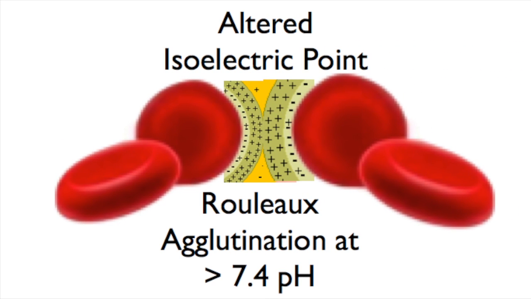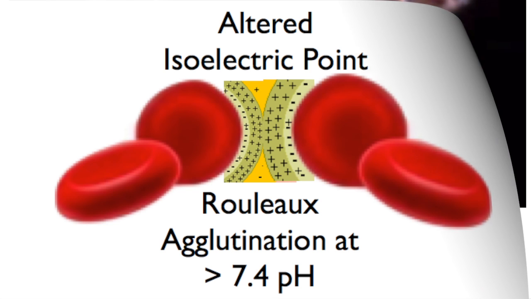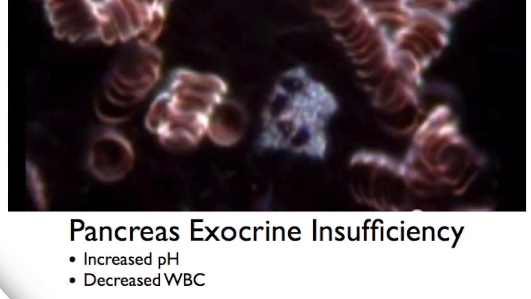Because the pH of the blood is slightly outside of the ideal isoelectric point, reducing the zeta potential between the red blood cells, their normal electrostatic charges that would repel them now attract them. This is increased when one or more of the cells are damaged.